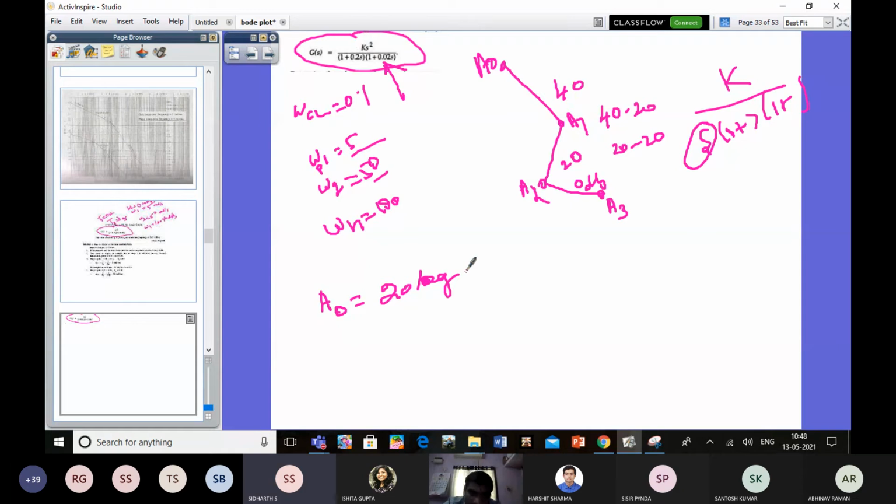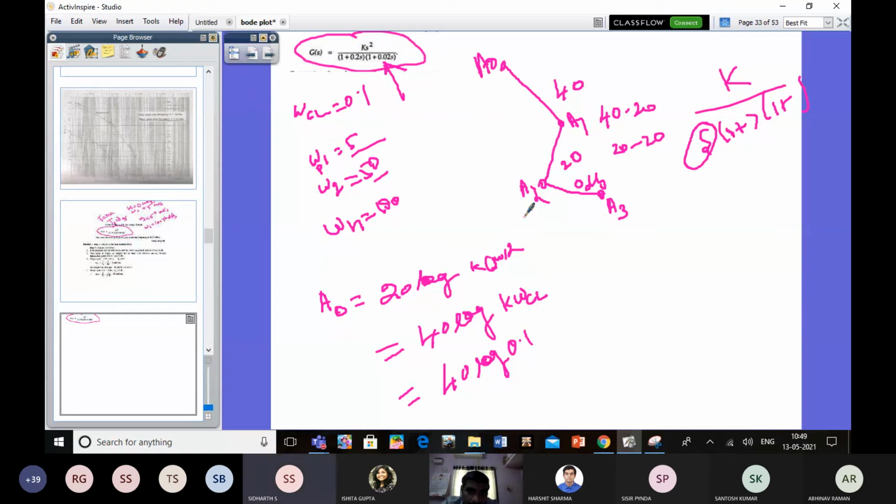So you can directly write 20 log of K into S square, which may come as 40 log of K into omega, or K into omega CL. K value you can assume 1. So 40 log of, what is K omega CL? 0.1. Do you understand, Siddharth?